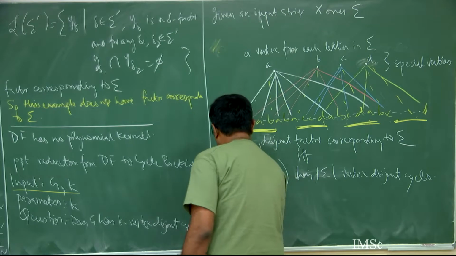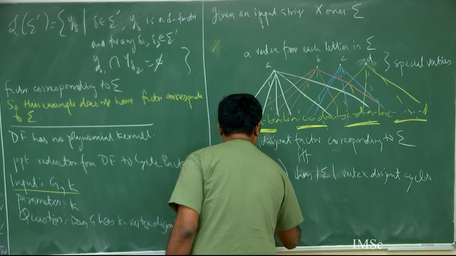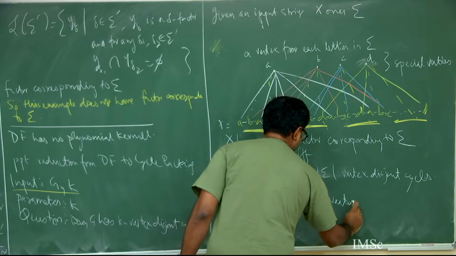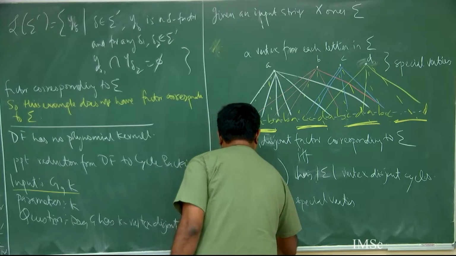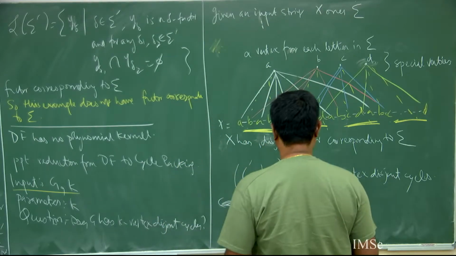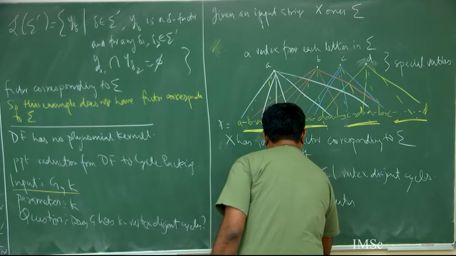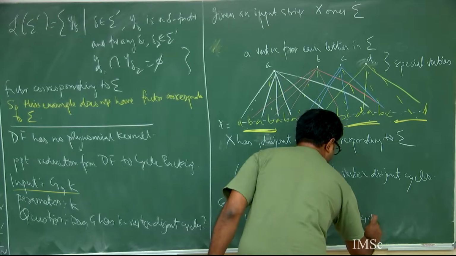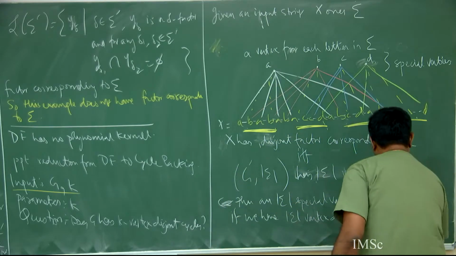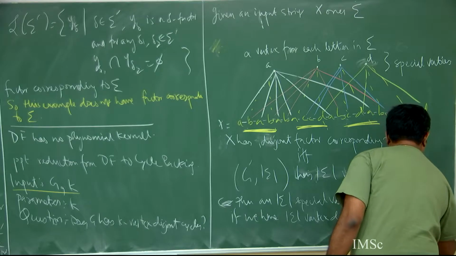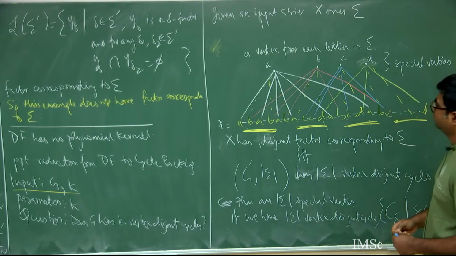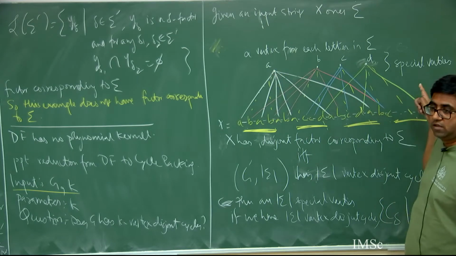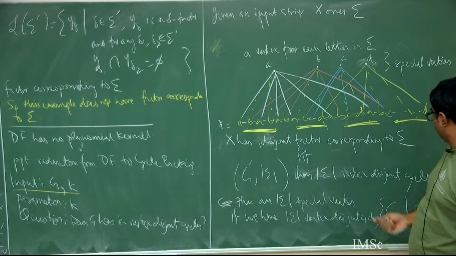So for the reverse direction, there are cardinality sigma special vertices, right? And if we have mod sigma vertex disjoint cycles, then I am going to call them C delta, delta in sigma. Why? Because I know that every cycle must take one special vertex and I have exactly this many. So I just call them by that name, C delta, delta in sigma.